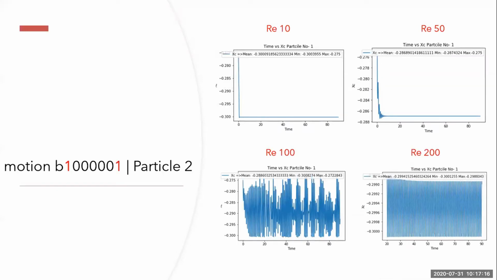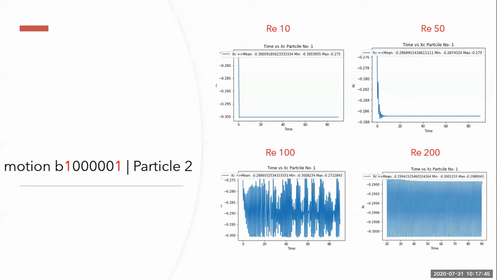So we wanted to compare those results from 1D motion to 2D motion as well. We set up the same experiment, the same simulation, with all the parameters the same, except now all the particles are not only translating in the x-axis, but also rotating in the z-axis. Again, these are 4 graphs of particle 2 with the Reynolds number increasing.